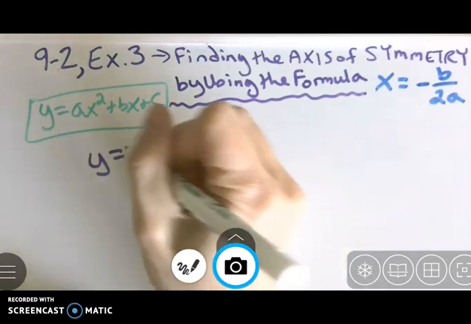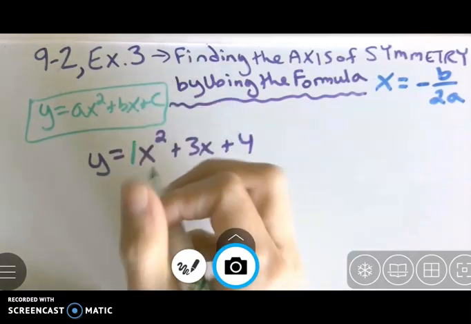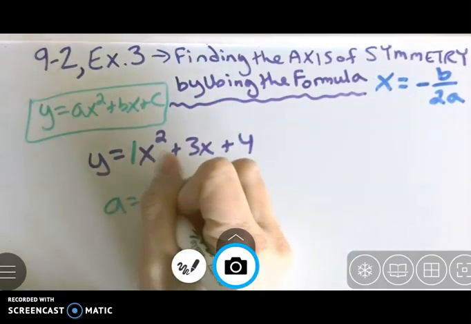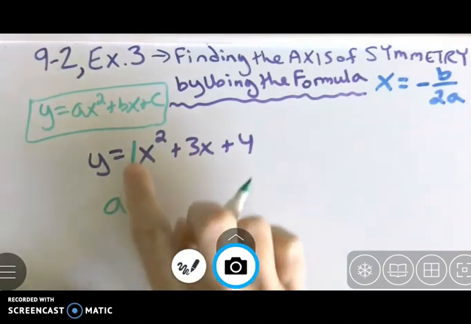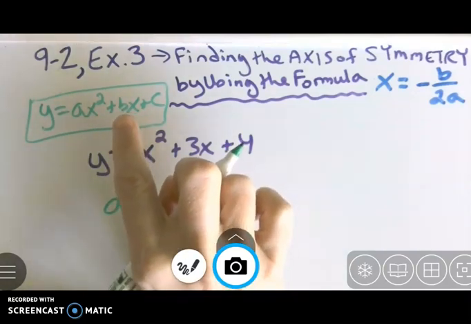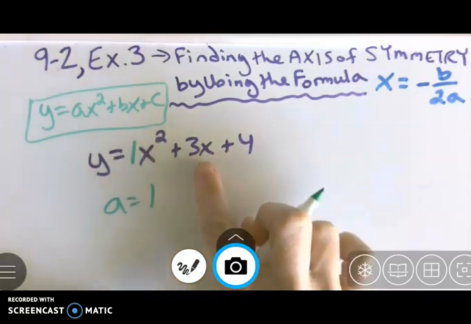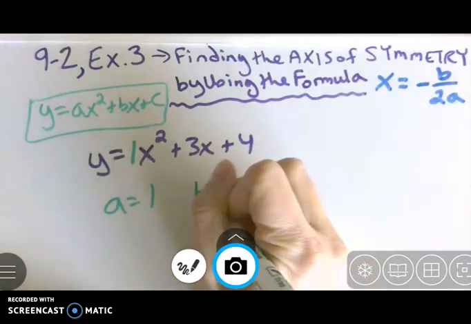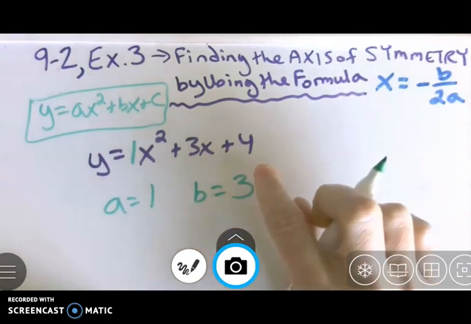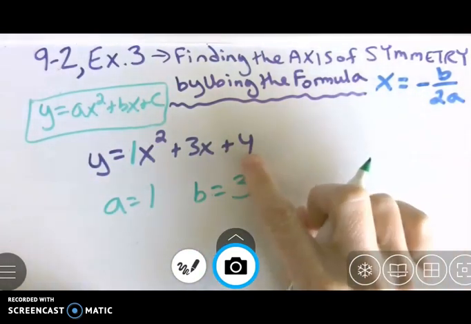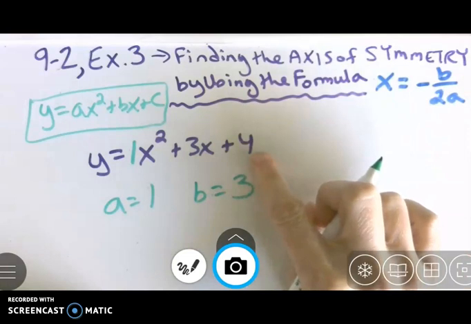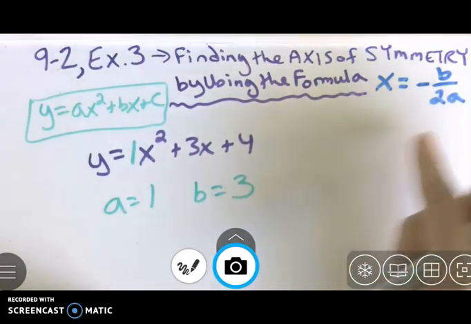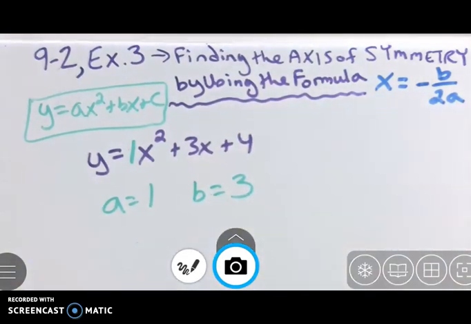So here, my a value is just 1. B is always the coefficient before my single x, so b equals positive 3. And if I were looking for a c value, it would be my constant, my number at the end here. But for my formula, I just need to know a and b.